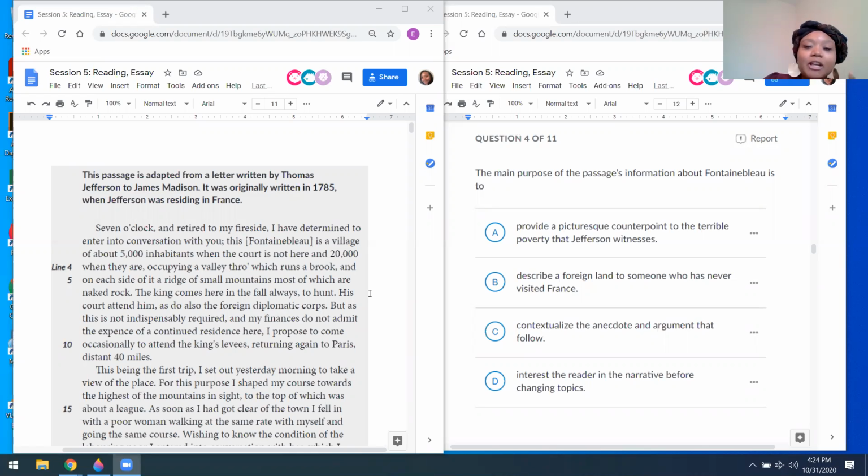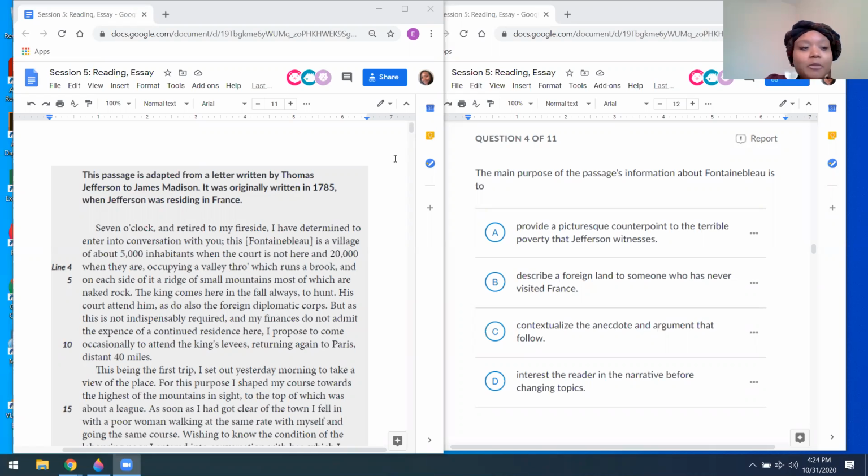So if you remember when I had you read the first paragraph to get the general vibe or the mood, we could apply that general vibe to this. The first paragraph is the paragraph that describes Fontainebleau.